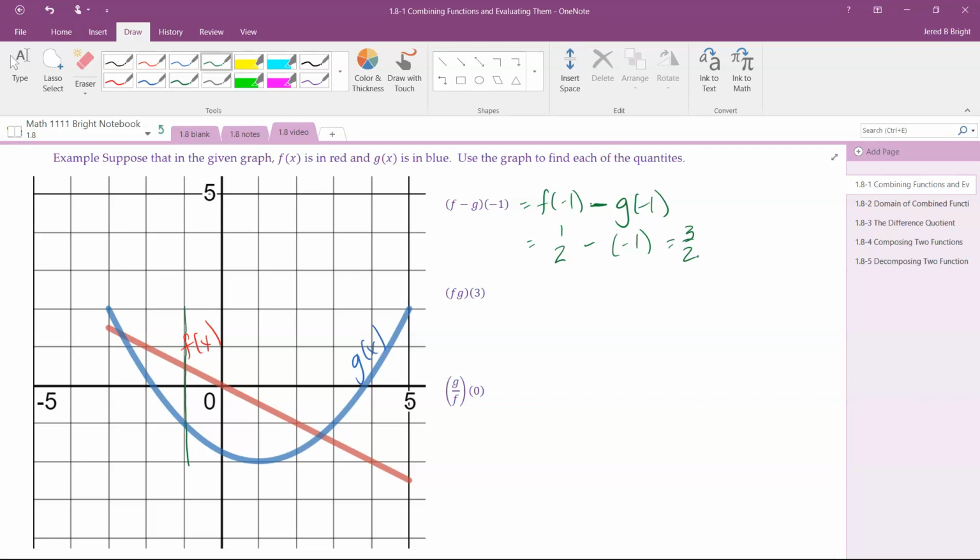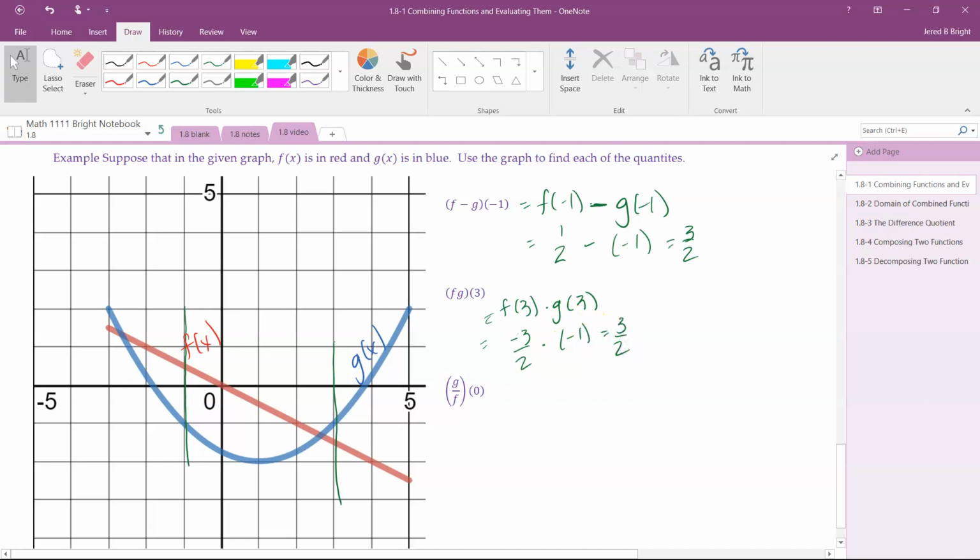And then when I do (fg)(3), this is f(3) times g(3). So I'm really just using the graph for each one of these. And so g(3), 1, 2, 3. Okay, so f(3), it looks to be about -3 over 2, and I had to remember my parentheses. g(3) looks like -1, so I end up with 3 over 2.